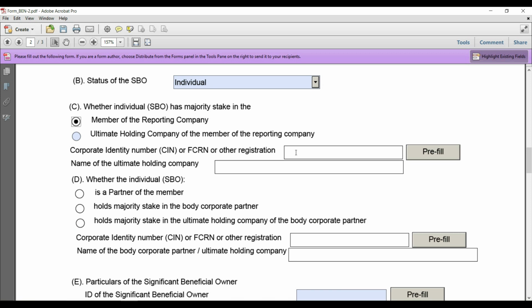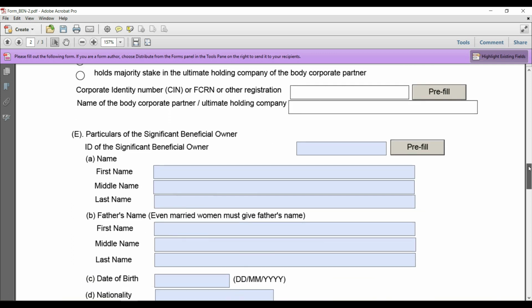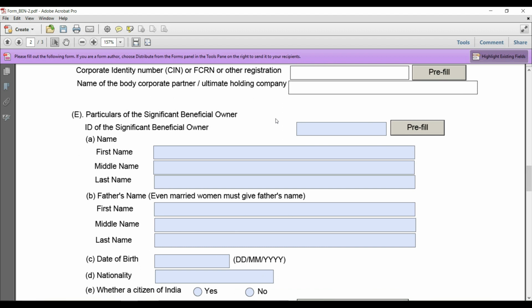Okay, we have to mention the SIN number when we choose this option. Otherwise, the option will be blocked and will not show. Okay. Then the particulars of the significant beneficial owner ID. The ID will be generated when we file the subsequent form, but as it is the first filing, we don't need to mention it.